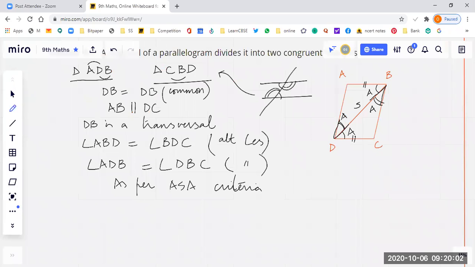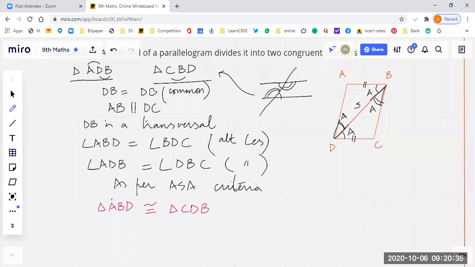Triangle ABD is congruent to triangle which one? CBD. Okay, students, I'm telling you once again. Triangle ABD. I'm sorry, I'm writing it wrong here. If I'm writing ABD, then I should not write like this. AB is smaller, so I write CDB, right?